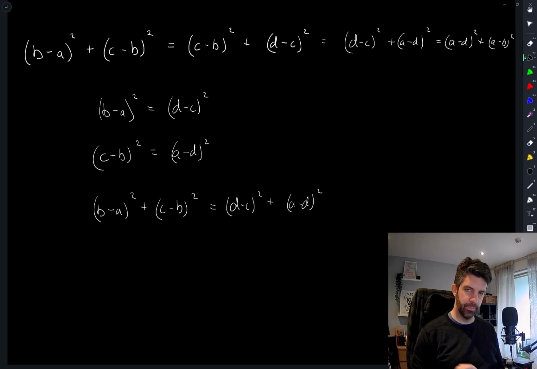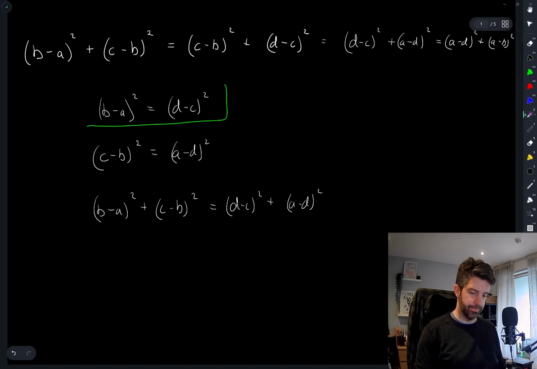Option A is this, but there's another requirement that we need here. Option B, sorry, this is the same as option C, but that doesn't guarantee that all four sides are the same, because we need that to be satisfied.